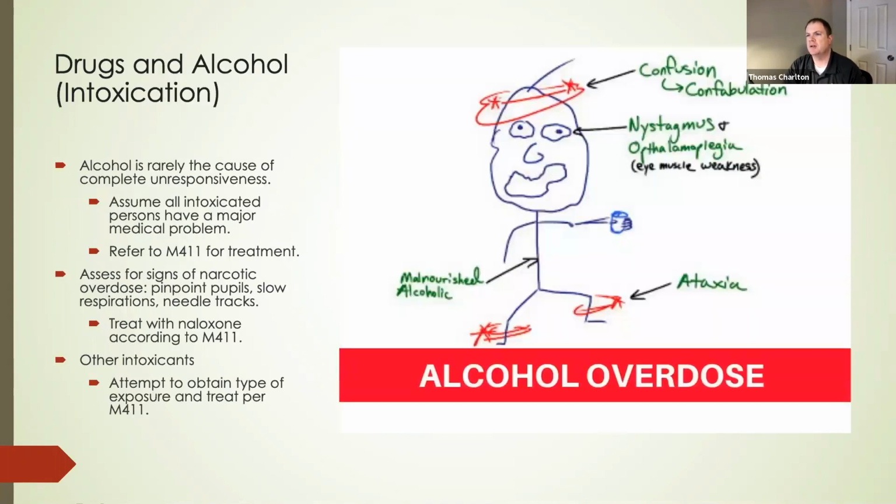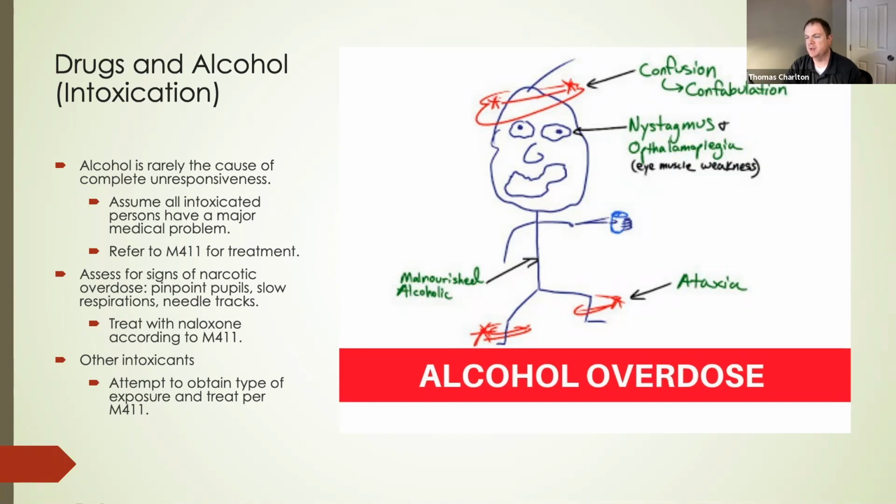Drugs and alcohol will also cause altered consciousness, but alcohol is rarely the cause of complete unresponsiveness. Will people pass out? Yes. Are they usually arousable after doing so? Yes.